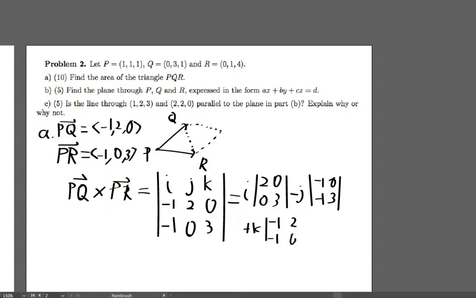So for the i here, cross this one out, cross this one out, calculate the determinant of this one. For j, cross this one, find the cross product between those two. And then for k, same thing, but for j it would be a negative, because the rule is always plus minus plus.